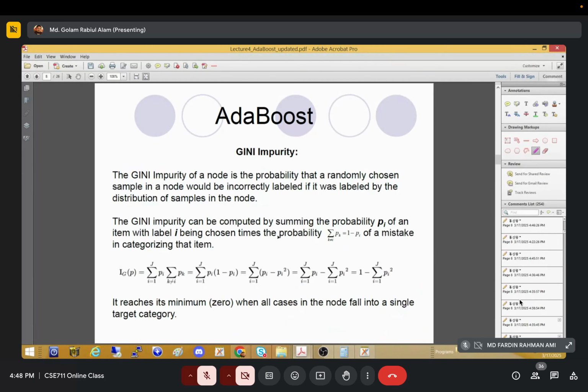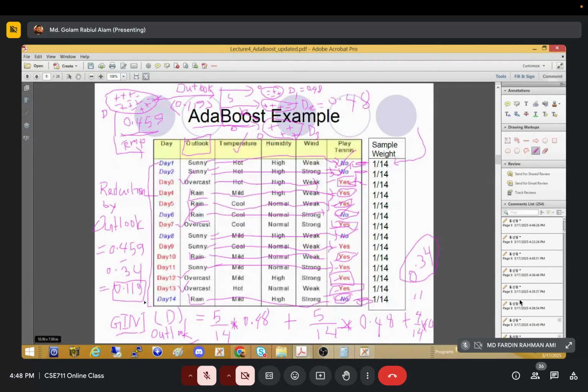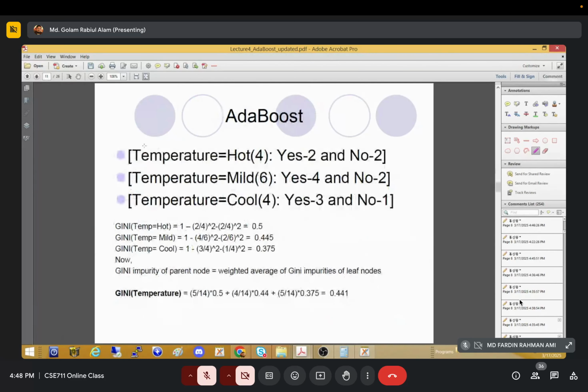So that's what we have written here. The reduction is 0.119.